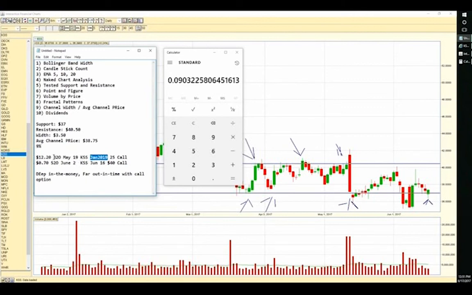So if Kohl's goes up $1, so will this deep in the money, far out in time call, this LEAP option that we picked. So here's what's nice about it: now our cost basis winds up being $11.50. Instead of 70 cents off of $37, it's 70 cents off of $12.20.